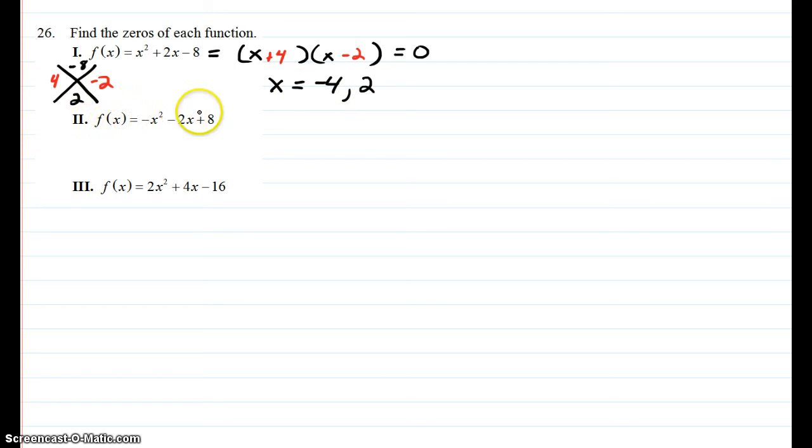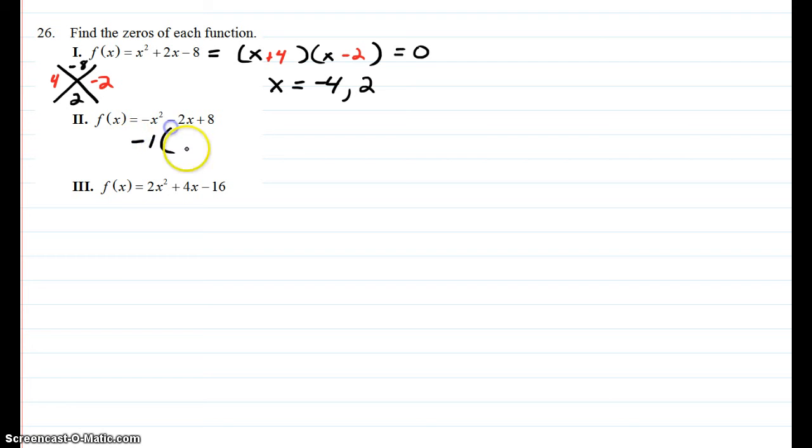Alright, so now if we're going to find the zeros in this one, the first thing we want to do is take out the GCF, and you might look at it and say, well, it doesn't have a GCF. If we're going to use this magic x, you always want to make sure that the coefficient is positive. So we are going to take out a negative 1.